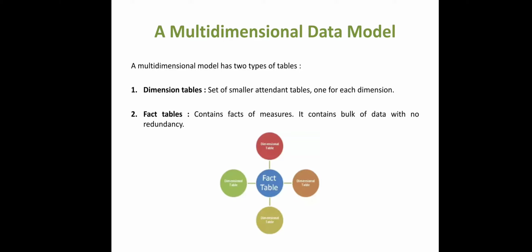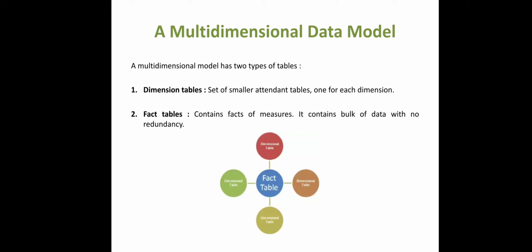This multidimensional data model is a very popular model for our data warehouse. Such a model can exist in the form of different models, that is star schema or snowflake schema. Whenever we say dimension, it means different entities related to the data to be recorded, and we have a set of similar tables, one for each dimension. That means we have a single table for each dimension, and for that we use the dimension table. The next is the fact table, which contains the facts or measures.